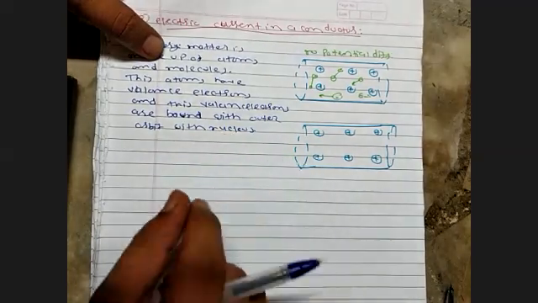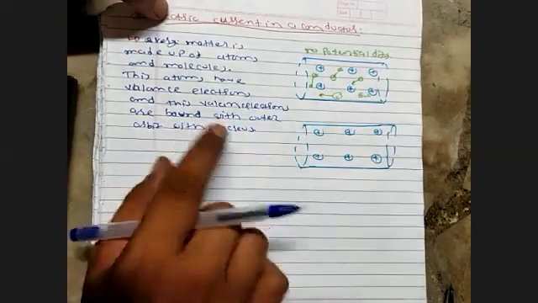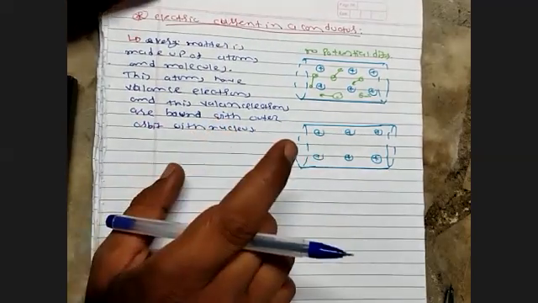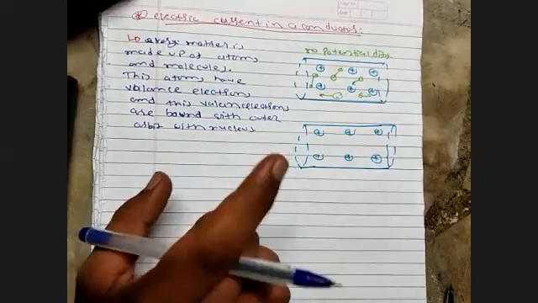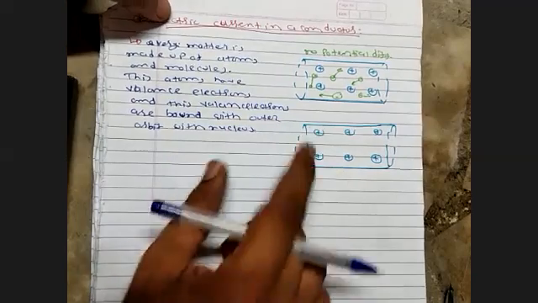If a small amount of energy is provided, this electron tries to become free, and these electrons move in a conductor freely, just like this.